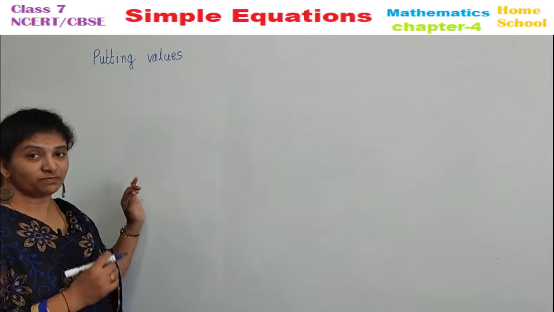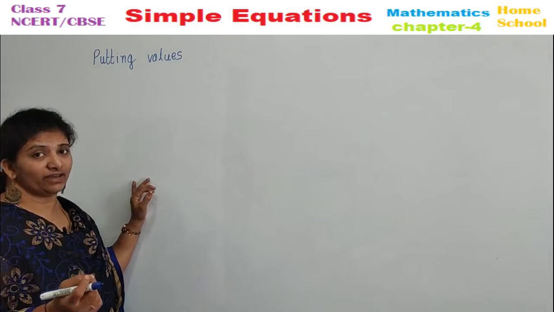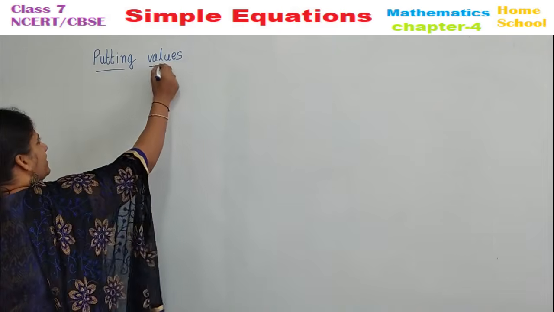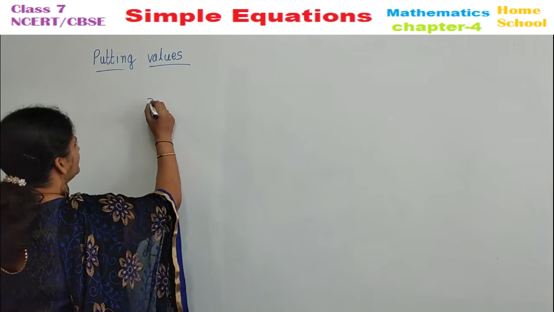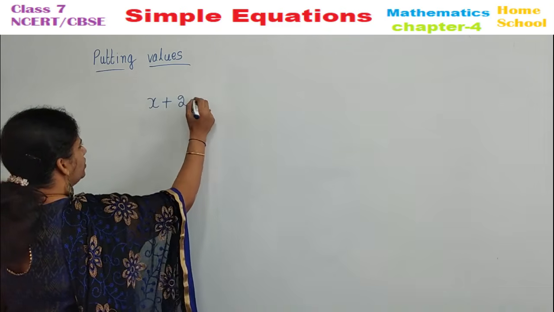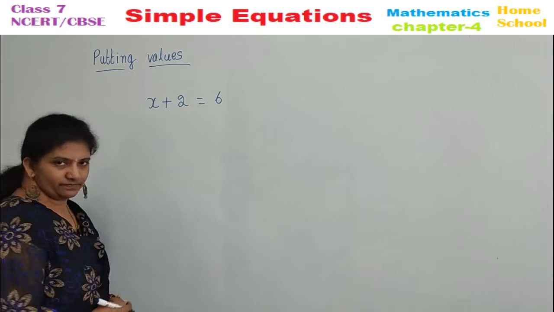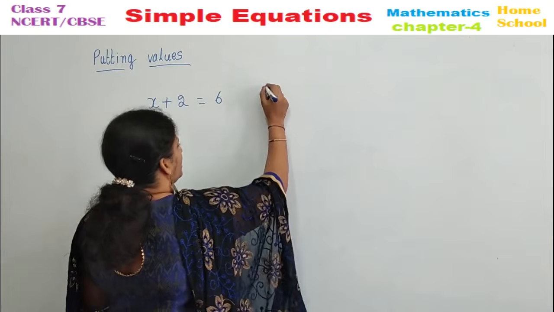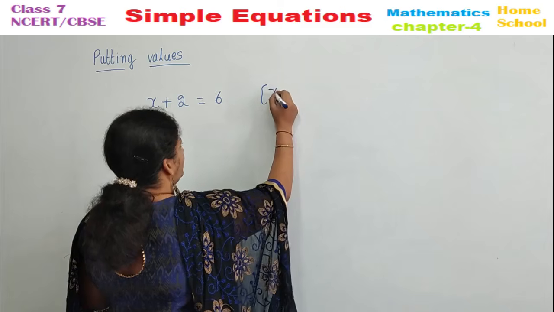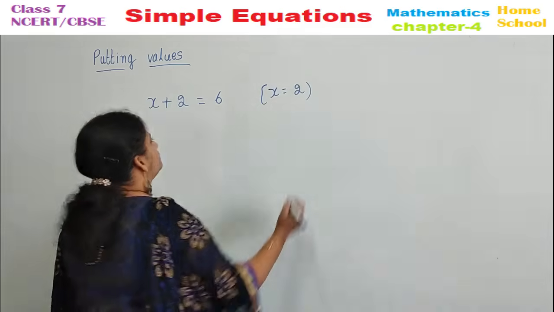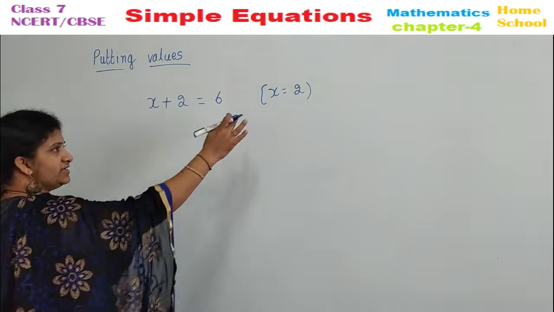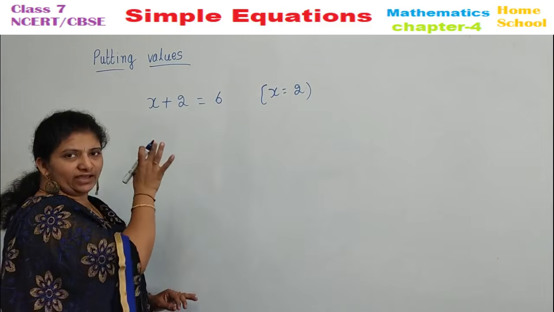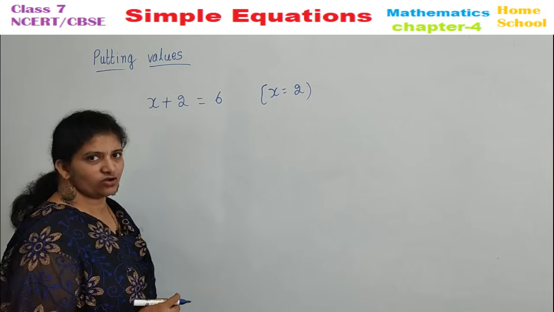Next concept is putting values and finding whether the equation is satisfied or not. Let's check here. If x plus 2 is equal to 6, I give a value x is equal to 2. Put this x value in the given equation and check whether LHS is equal to RHS or not.